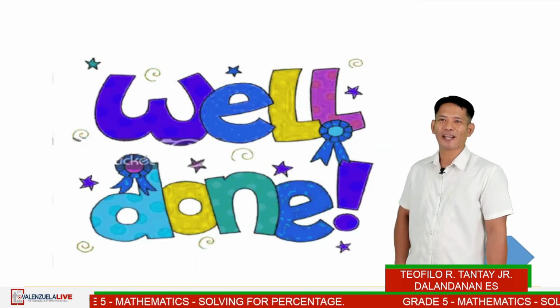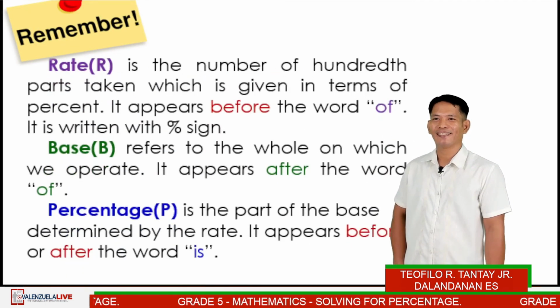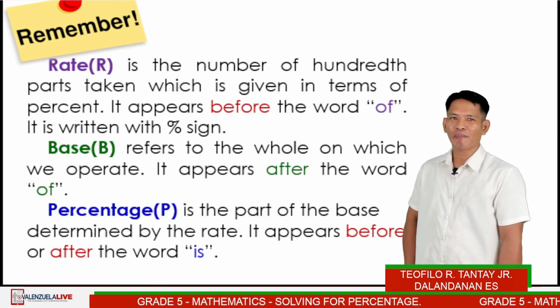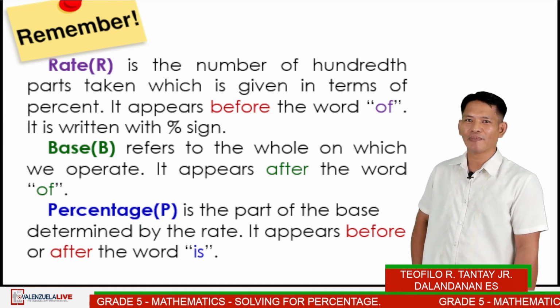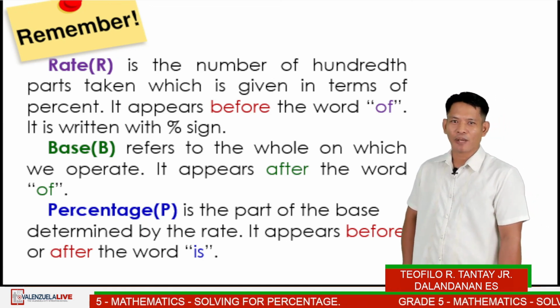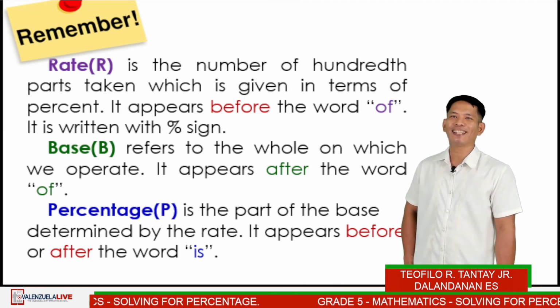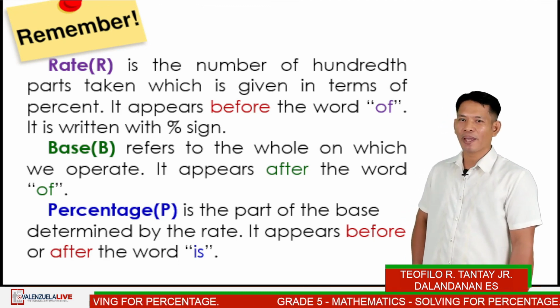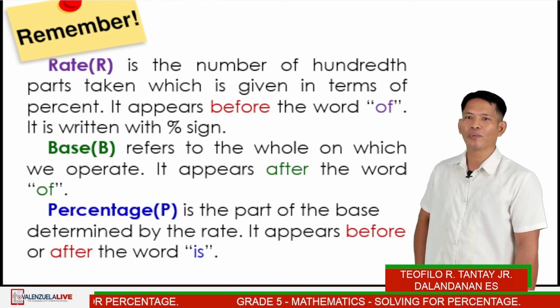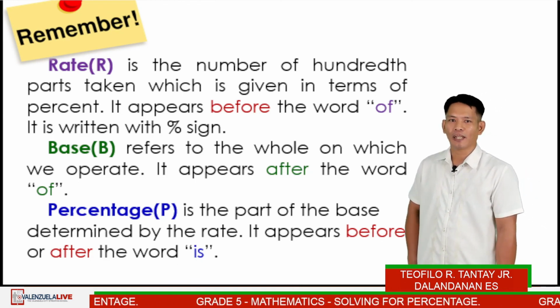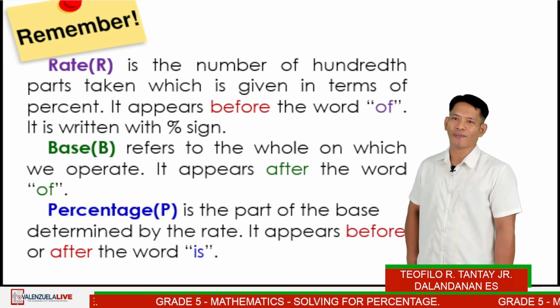Well done, grade 5. Remember, rate is the number of 100 parts taken, which is given in terms of percent. It appears before the word of, and it is written with a percent sign. The base refers to the whole on which we operate. It appears after the word of.